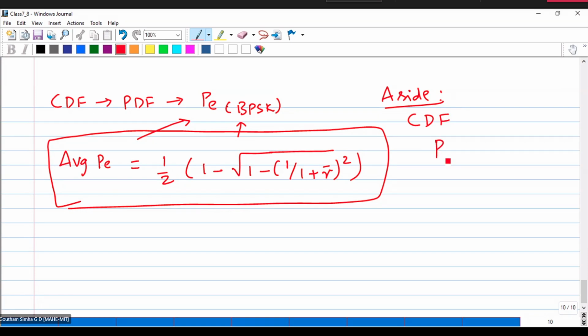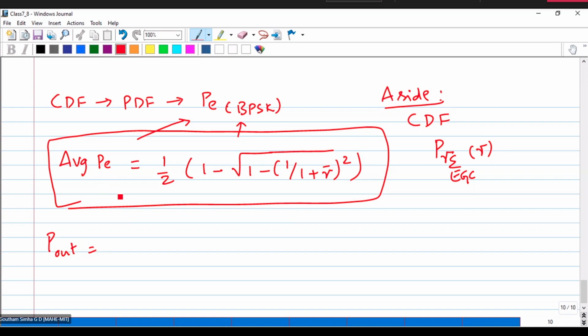Now, what you have is P gamma of sigma, that is EGC in terms of gamma. That is your CDF. Now replace this with P out, that is, find the outage probability. How do you find the outage probability?